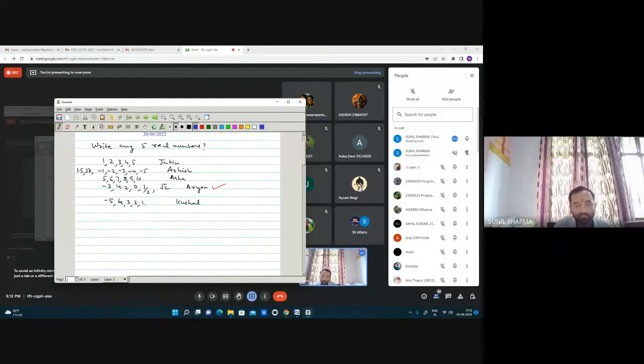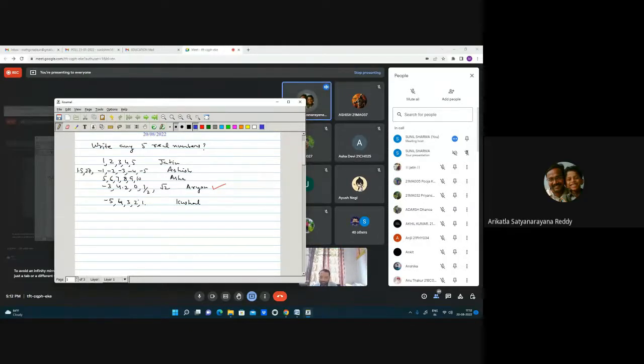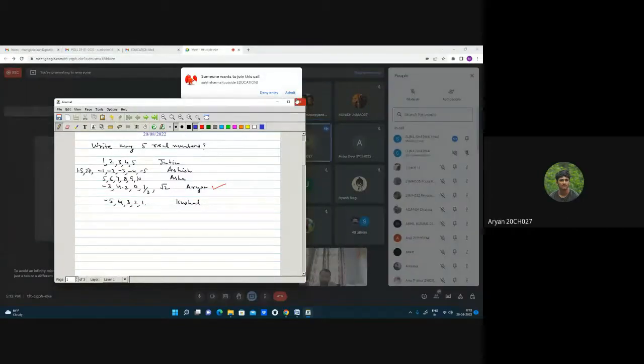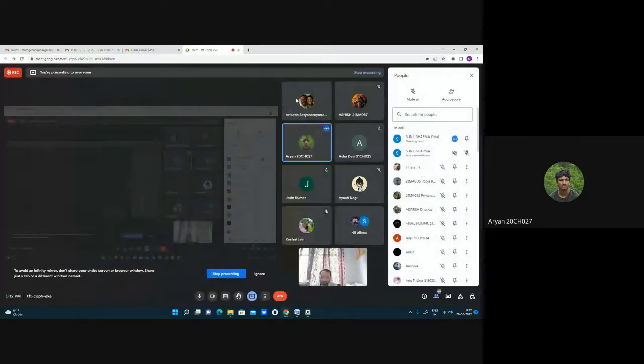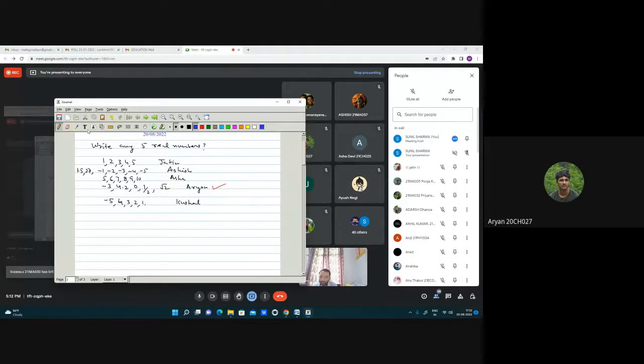Instead of 4.2 and 1/2, they look the same to me. Can we remove one of them and take a new one, Aryan? Yes, sir. Take 4 instead of 4.2. Integers are fine, positive or negative, that is not a problem.